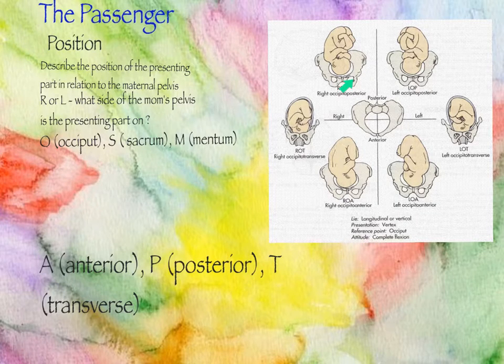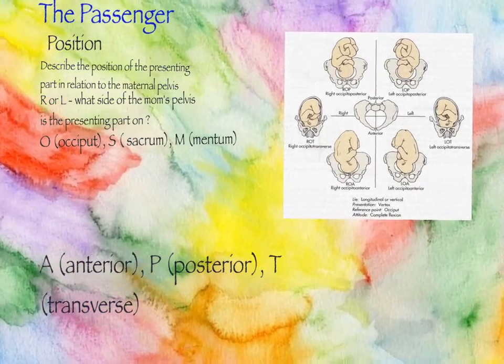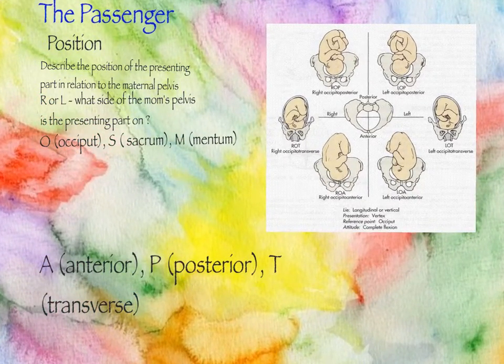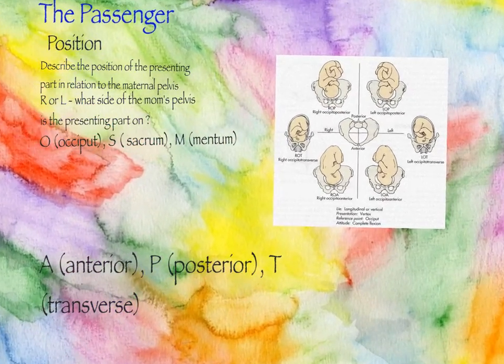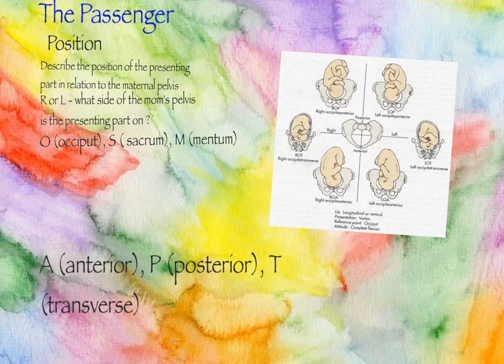An OP baby, the thing that I want you to take home from that is that is where your back labor comes from. And we talked about this in labor support. Your posterior babies, the hardest part of the head, the presenting part, and also the part that's coming first, is rubbing on all of those nerves that are in mom's sacral area and causing excruciating back pain.